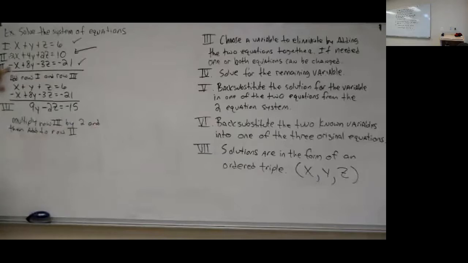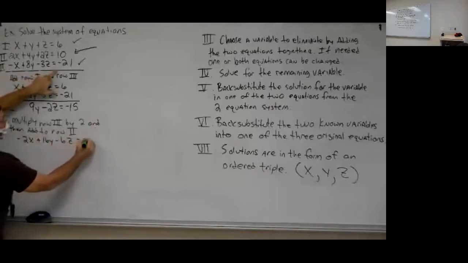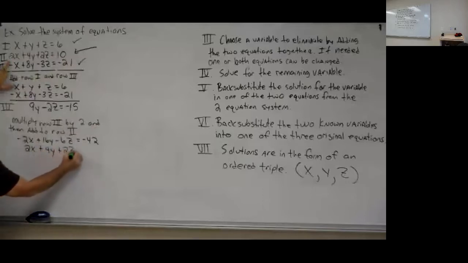If we multiply row 3 by 2, we'll get a negative 2x, positive 16y, minus 6z equals a negative 42. So I'm multiplying the whole row by the 2. I'm now going to add that to row 2, which was a 2x plus 4y plus 2z equals 10.